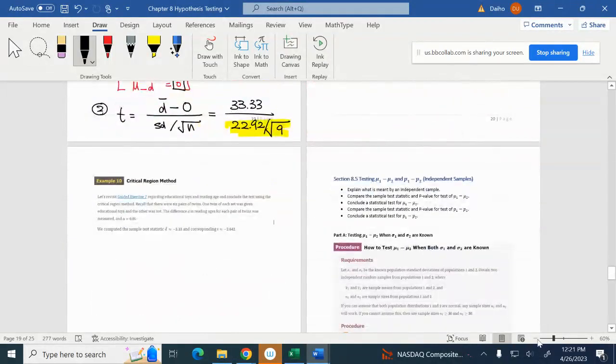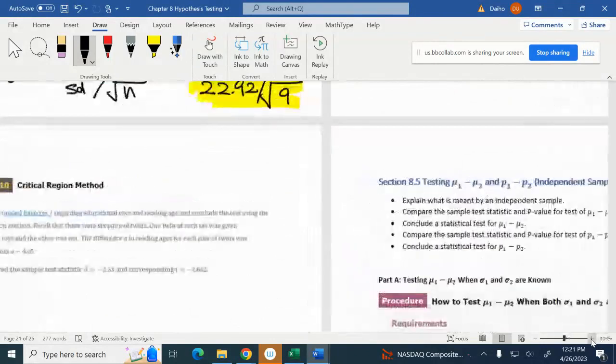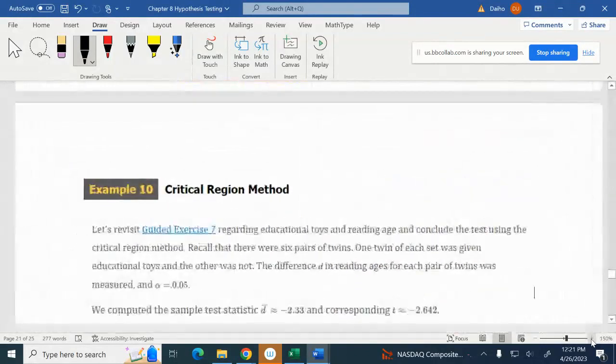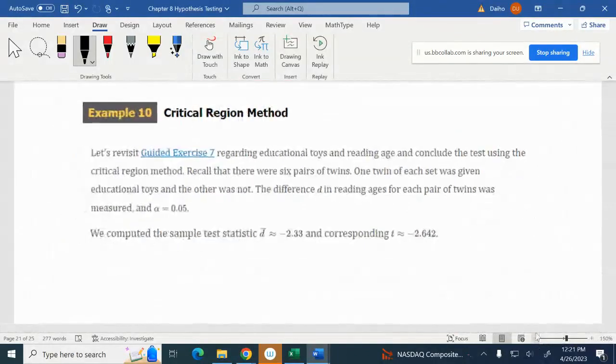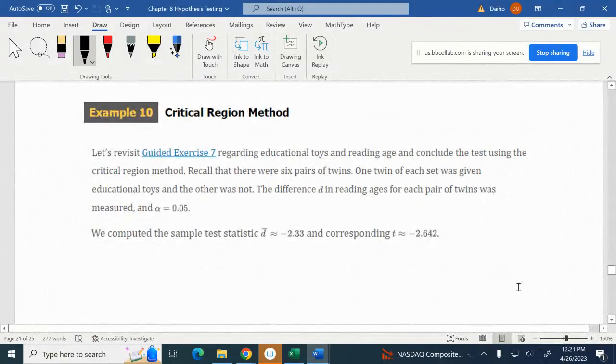Here's another example. It is an example from education, regarding educational toys and reading age. You know, when you visit Walmart, in the children's section, there are so many kinds of educational toys, right?